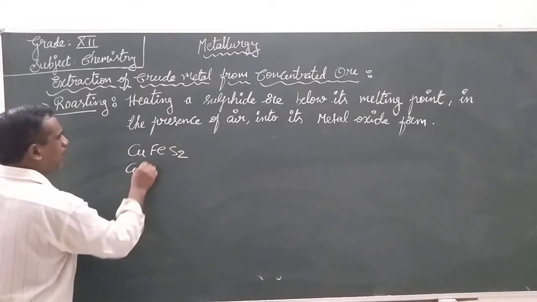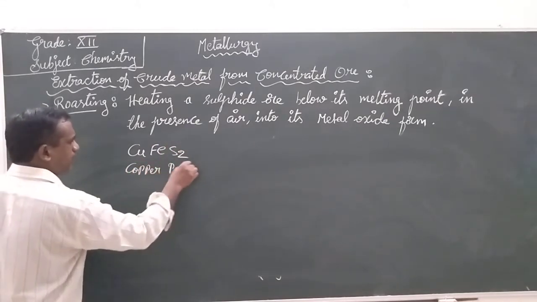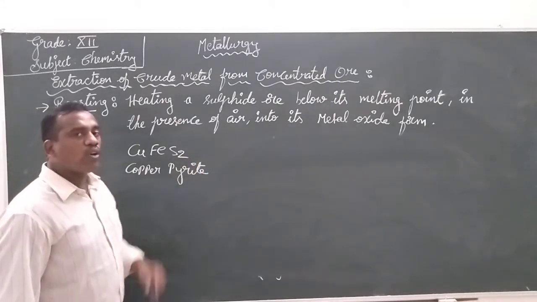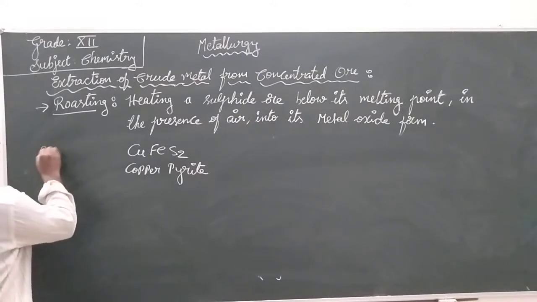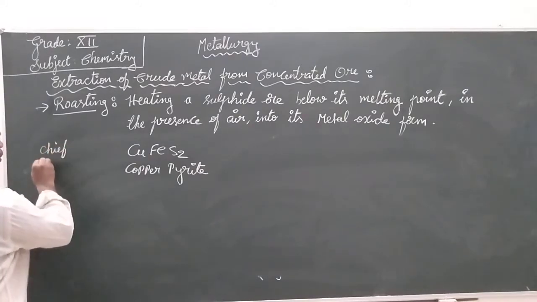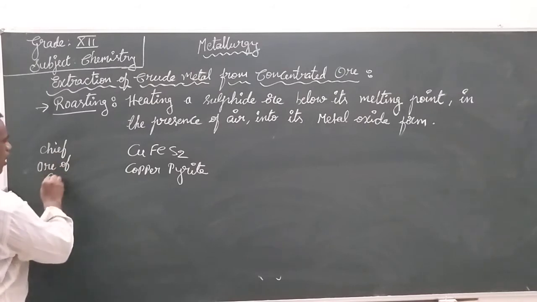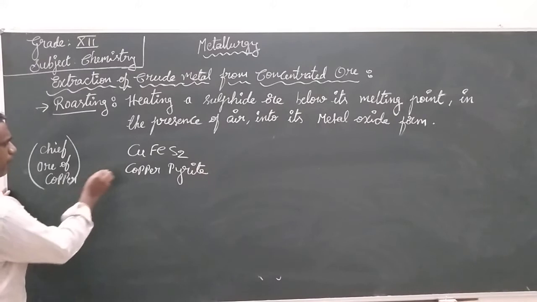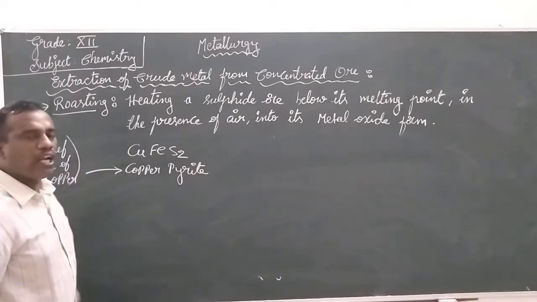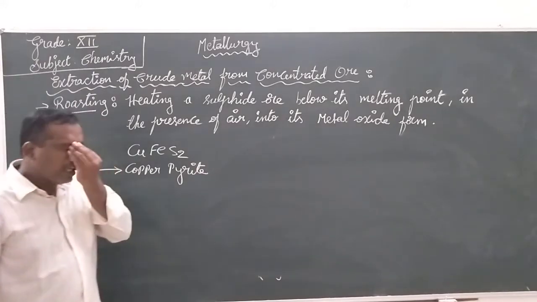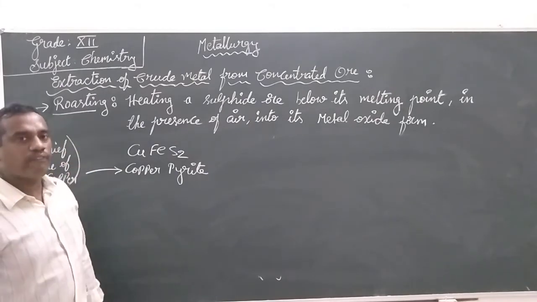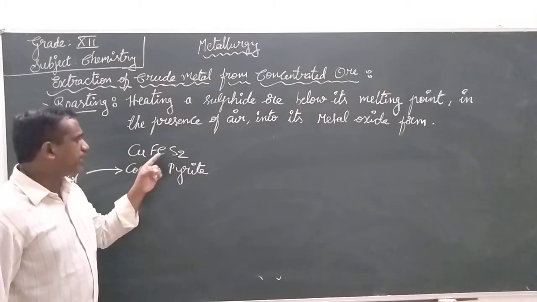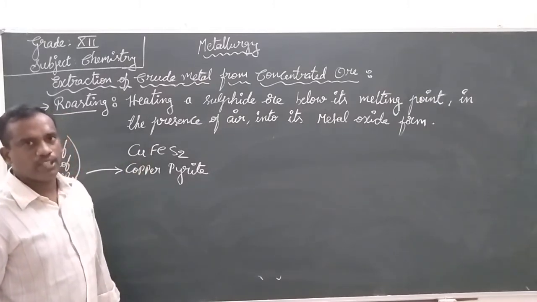Now you can observe the ore of copper. It is the chief ore of copper. What are the groups of atoms you can find? There is a sulfide and also there is iron present here.